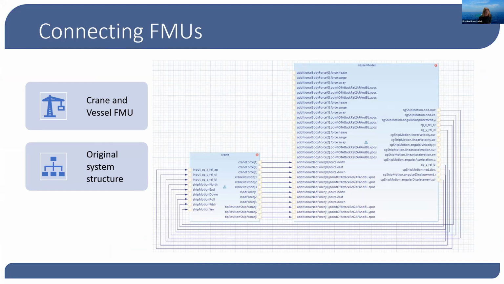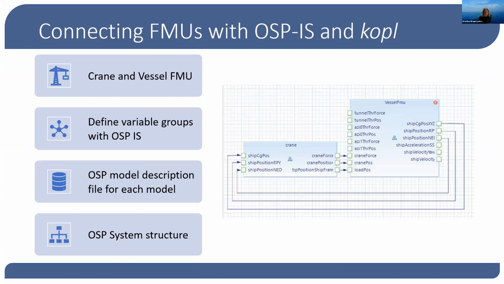The magic happens when you apply OSP-IS and also use the tool couple. You can simplify the connections between the vessel FMU and the crane. The way you do that, as introduced, is to define variable groups with OSP-IS for each of the models. That also enables you to make a more simplified model description file for each of them and the OSP system structure.